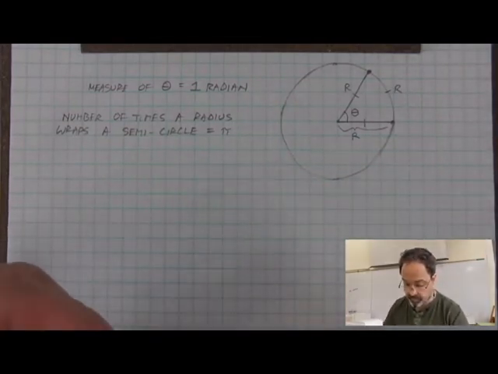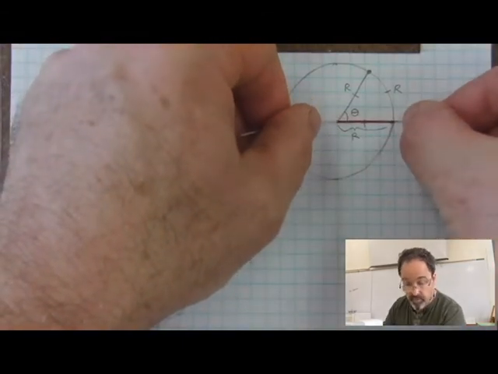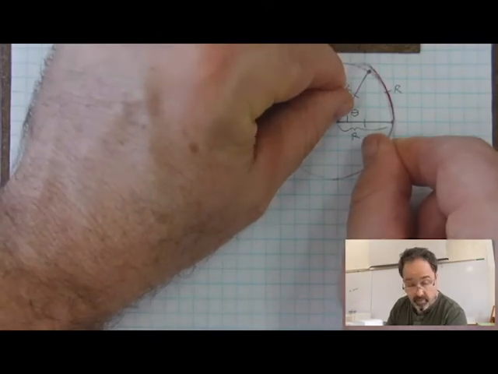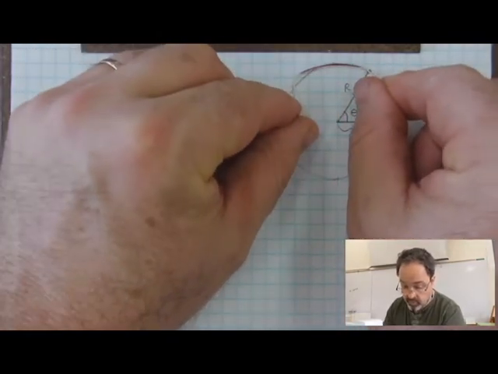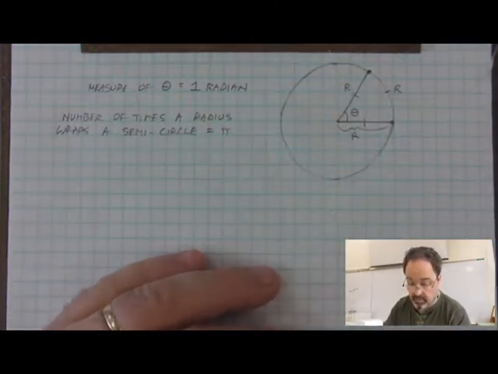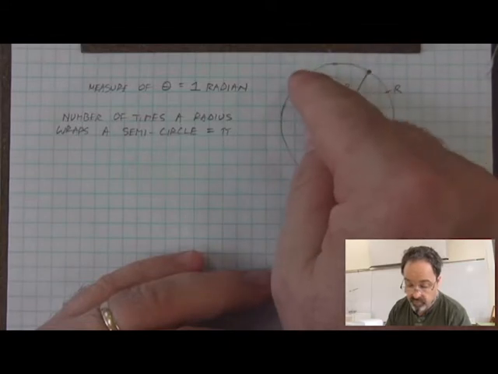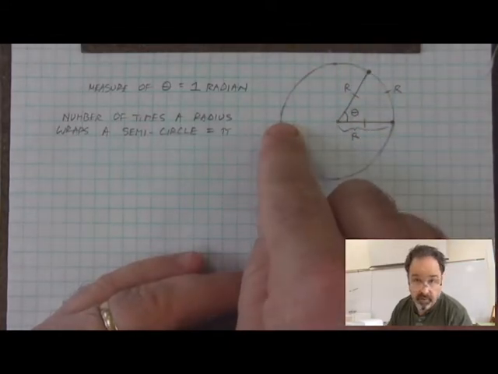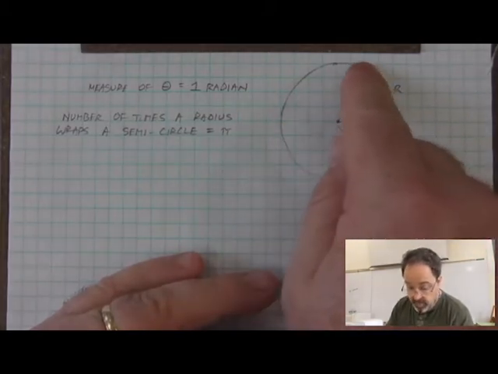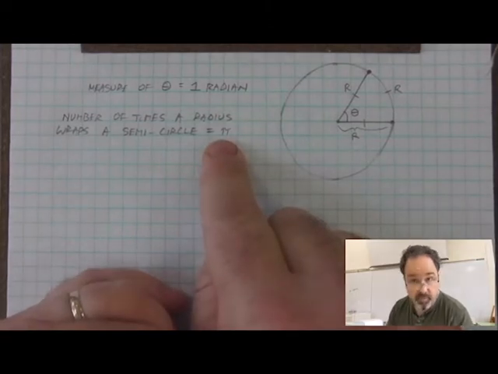From geometry, we defined pi in a similar manner. If we took the measure of 1 radius and we began wrapping the circle with those lengths, we would make it approximately 3.14159 radius lengths around half of a circle. We define the number of radius lengths that wrap a semicircle as this special number pi.